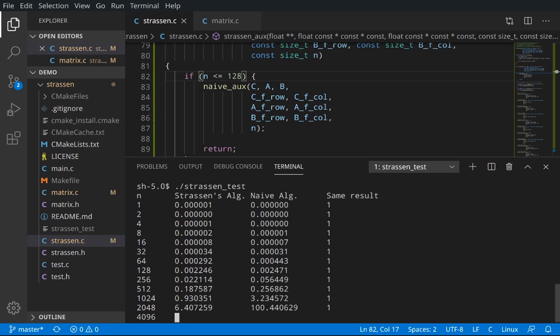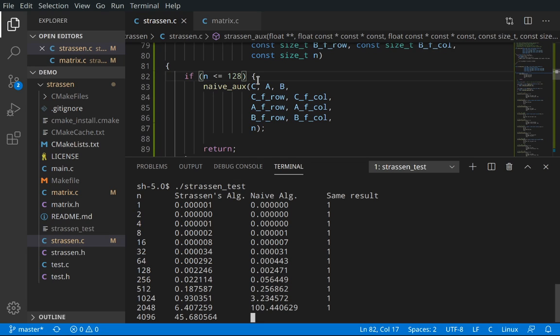Okay, so someone is asking why the Strassen algorithm improves a lot even when n is greater than 128. Well, the answer is what we saw before. The problem with the Strassen implementation we did before is due to the constants.